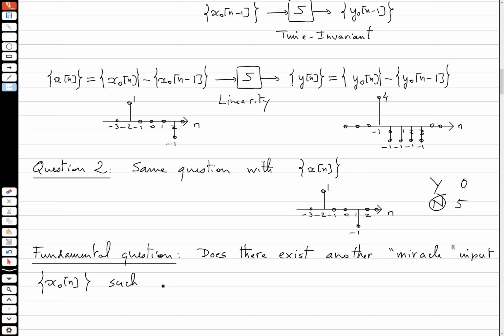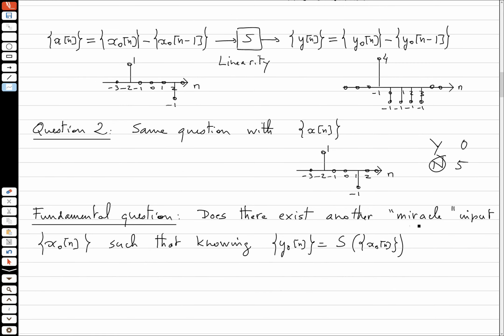Such that knowing the response of S to x naught of n enables us to predict the response of S to any input x of n.